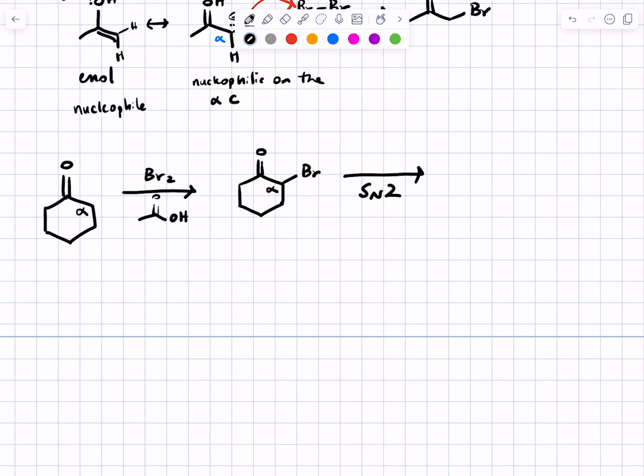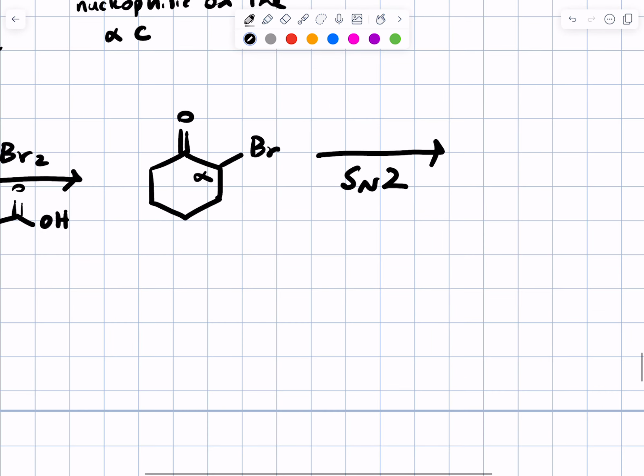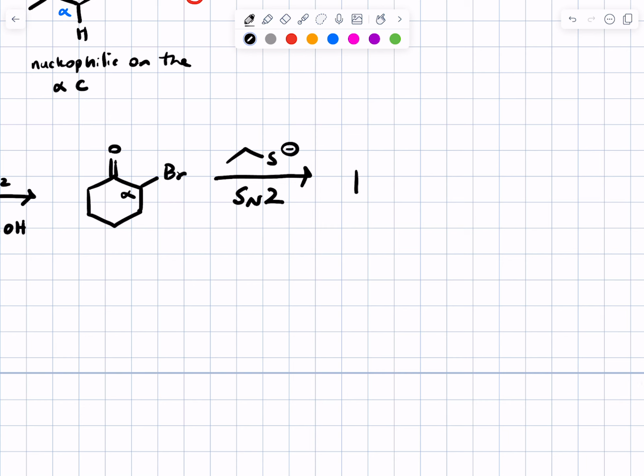So some nucleophile attacking the carbon bromine sigma star to give you a new bond between the alpha carbon and whatever your nucleophile is. So just for an example, let's choose this thiolate, a negatively charged sulfur, as a nucleophile. Okay?